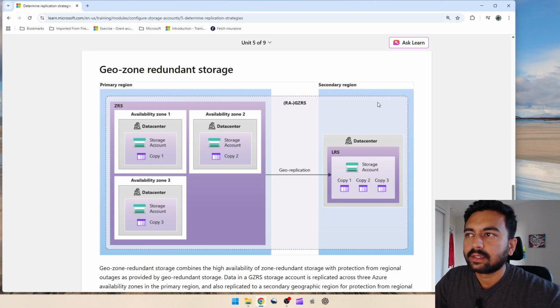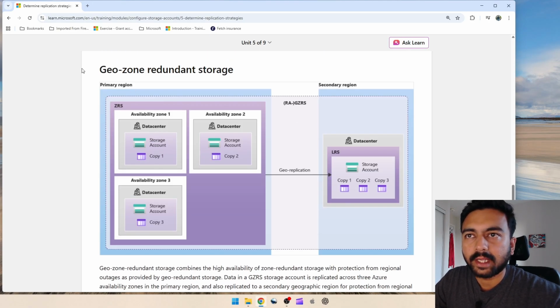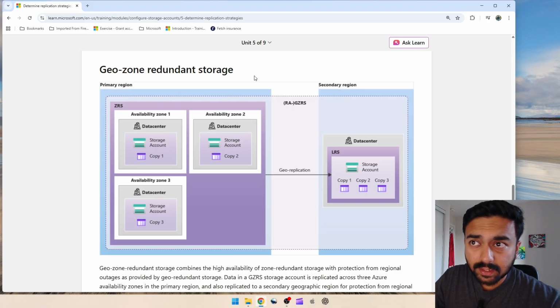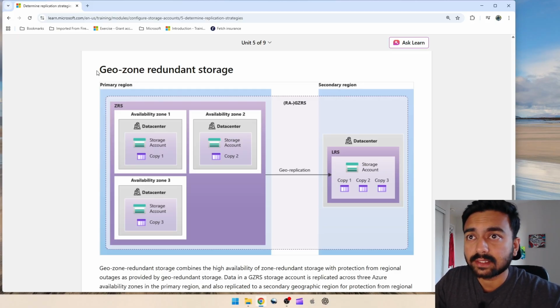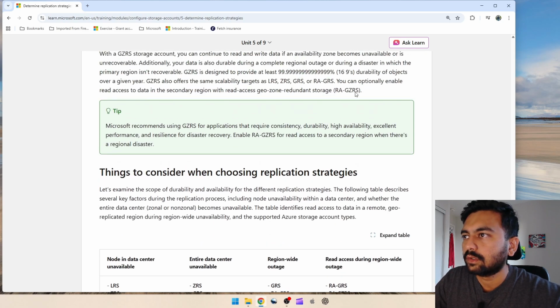So it looks like the secondary is only available when there is a failover, and other than that, your data is always available there. But you can opt in for RA-GZRS, where you get read access to your data all the time. Optionally enable read access to data in the secondary region.